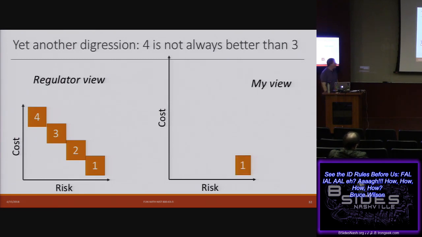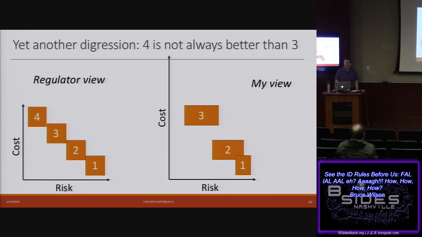Sure, we have a level of assurance 1, but there's some overlap in risk. Level 2 is almost always going to be more expensive, but not necessarily. We start moving up into level 3, and yeah, I've got more expensive, but I've got this range of risk here depending on what are my attack vectors, what are the problems that I'm trying to deal with.